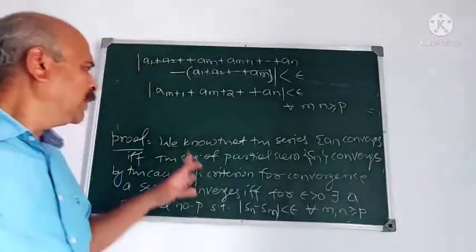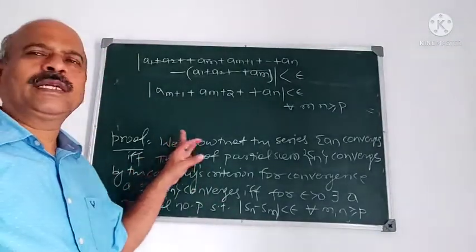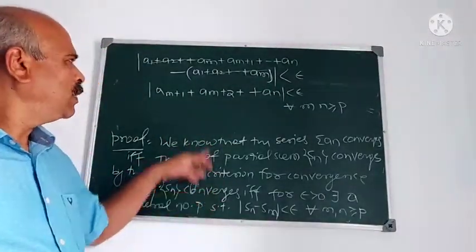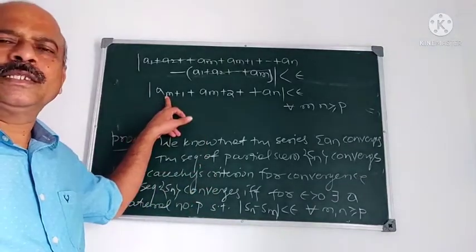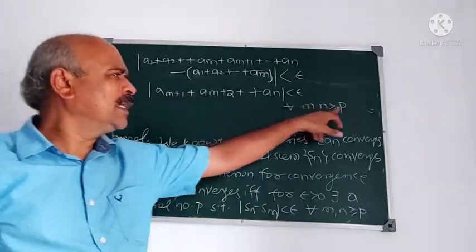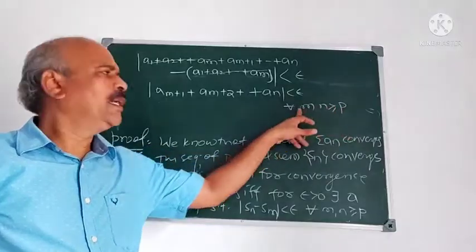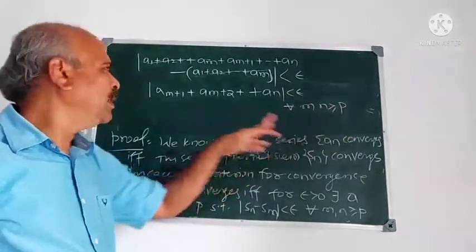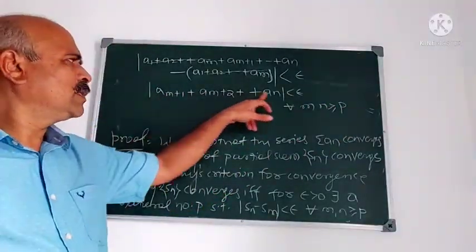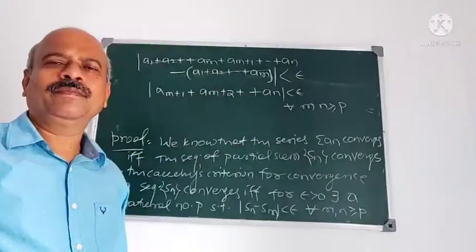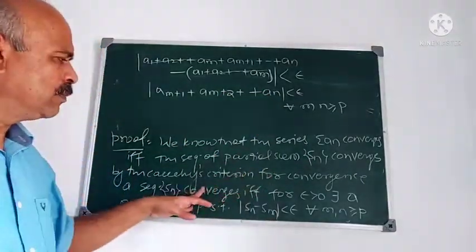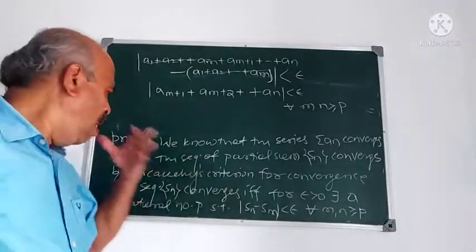Therefore, a series sigma an converges if and only if for epsilon greater than 0 there exists a natural number p, so that for all m, n greater than or equal to p, mod of a(m+1) plus a(m+2) plus etc. plus an is less than epsilon. I think the proof all of you understood.